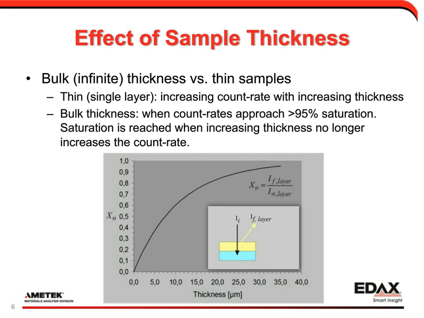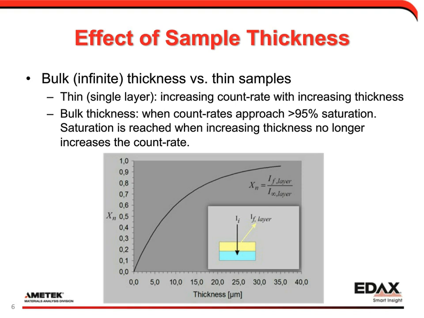So in the graph down here, the bulk thickness would be more towards the right-hand side of the graph, where the intensity ratio is approaching 1, versus having a thin sample, which would be more typical with glass samples that you might get from a crime scene, for instance, where you have sample thickness which is not considered to be bulk thickness.